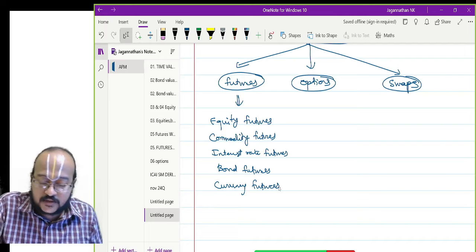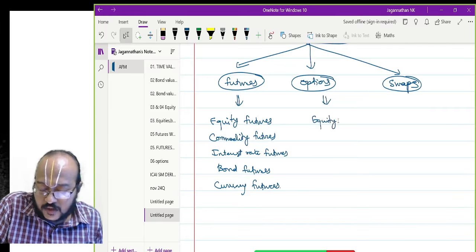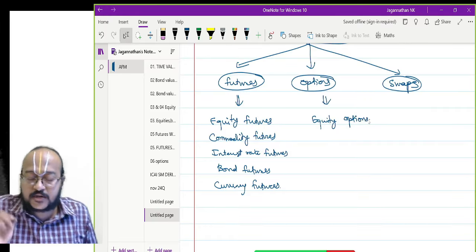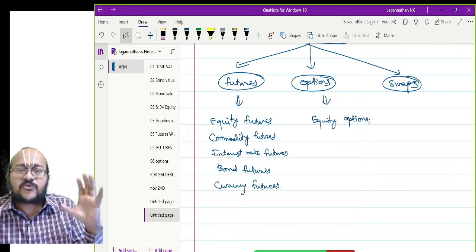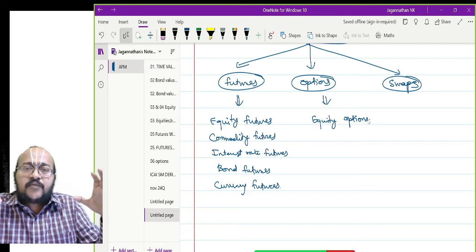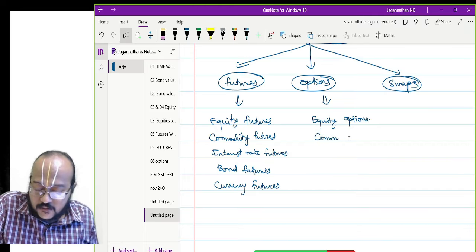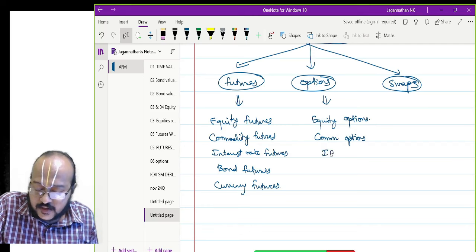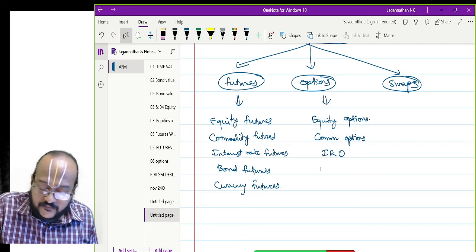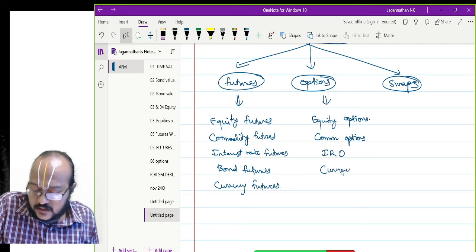Come to options. What are the options available? Equity options, where the underlying asset is equity shares. I will explain everything in detail, don't worry. I am just giving you an overview of all the derivative instruments first. Then commodity options, interest rate options, bond options, currency options.